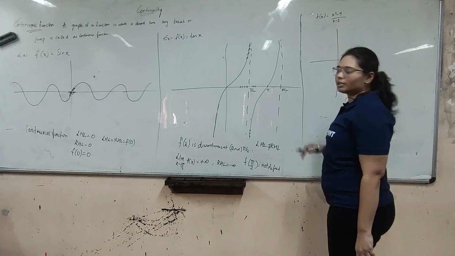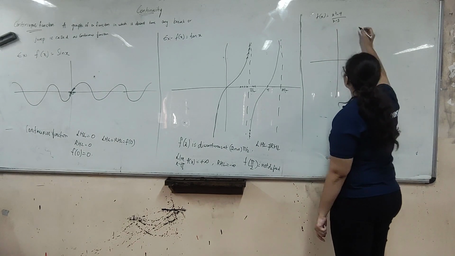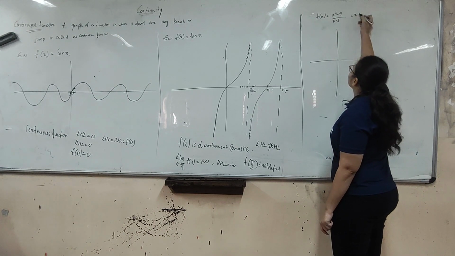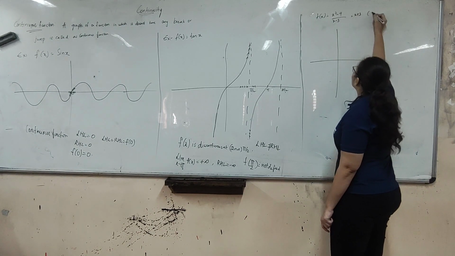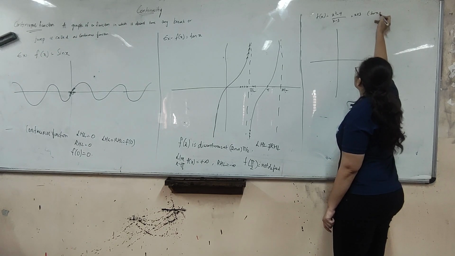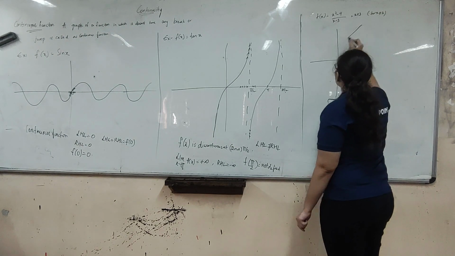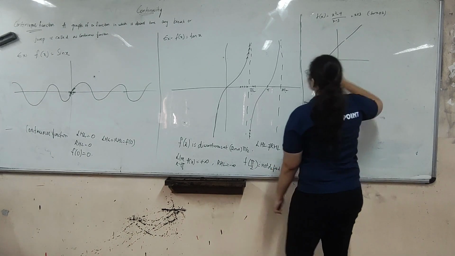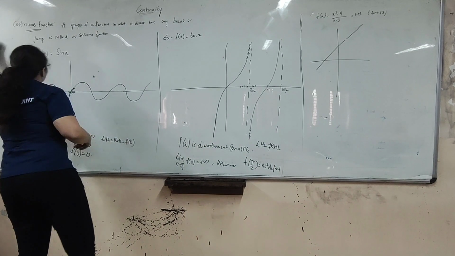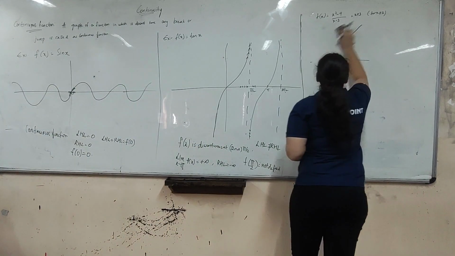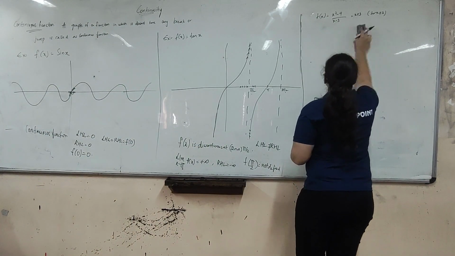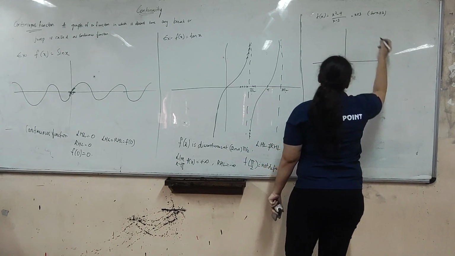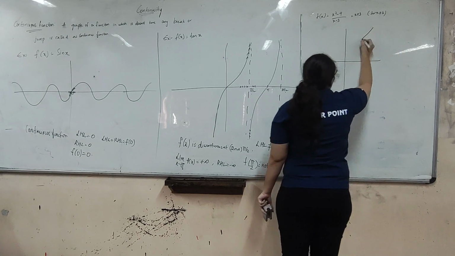For x not equal to 3, it will be x plus 3. So the graph will be like this.